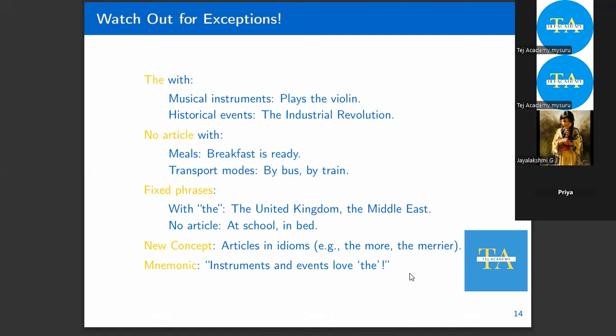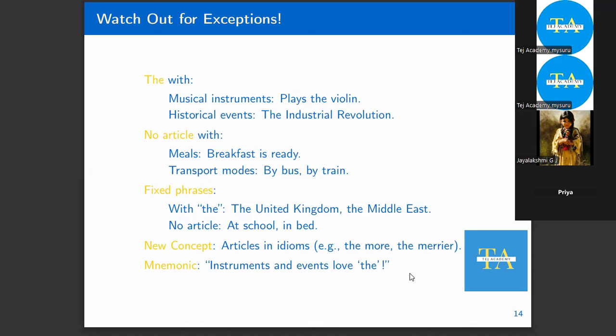I think we use the in the cases of historical events because we know exactly when it happened or what is the purpose of such a historical event. So that's why I think we use the with them. Like the first war of Indian independence took place in 1857 or 59, I'm not sure.